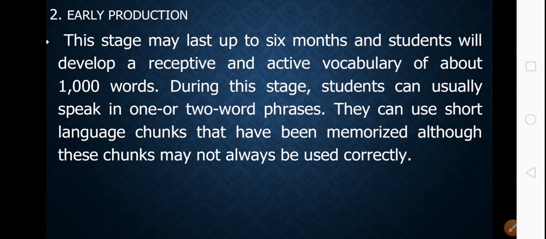They can use short language chunks that have been memorized, although these chunks may not always be used correctly. The approximate time frame here is 6 months to 1 year. So this is now the second stage.